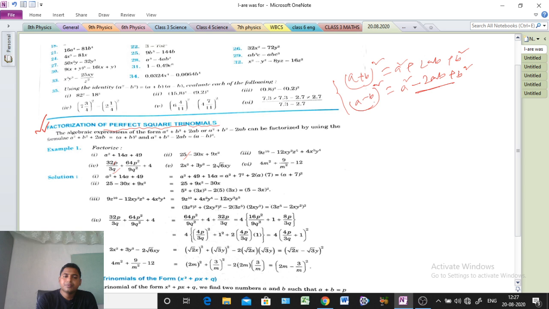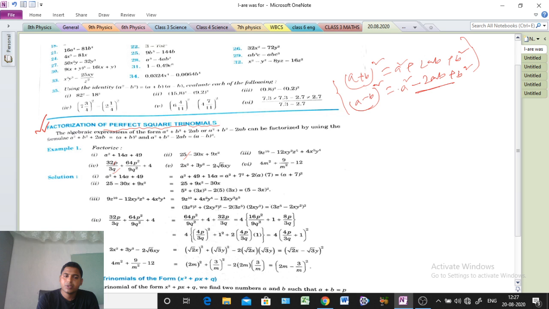With the help of these two formulas, we will do all the problems, example part as well as exercise part. Before also we did so many problems with the help of the a square minus b square formula, which is the main formula: a square minus b square equals a plus b into a minus b.